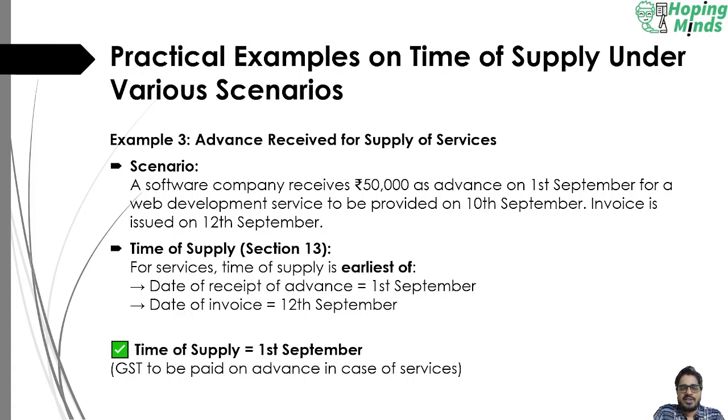Time of supply as per section 13 will be, for services, the earliest of date of receipt of advance, that is 1st September, or date of invoice, that is 12th of September, whichever is earlier. So here in this case the time of supply will be 1st of September as GST is applicable on advances in case of services.